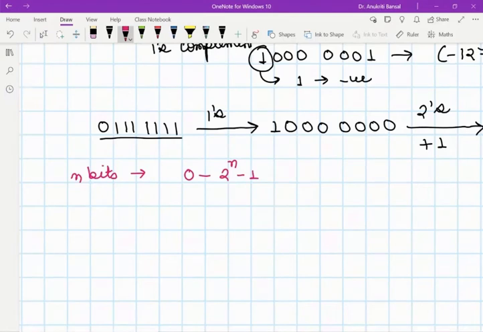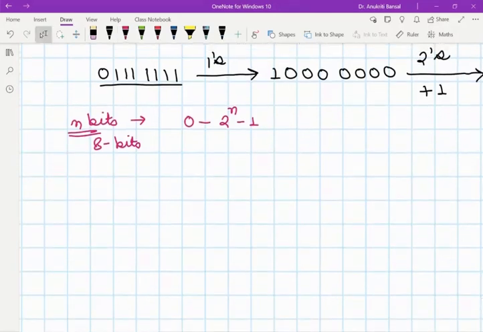So suppose we are taking n bits as example. One way to identify what positive and negative integers can be represented is first check for 0, then check for 1, minus 1, 2, minus 2, and so on.